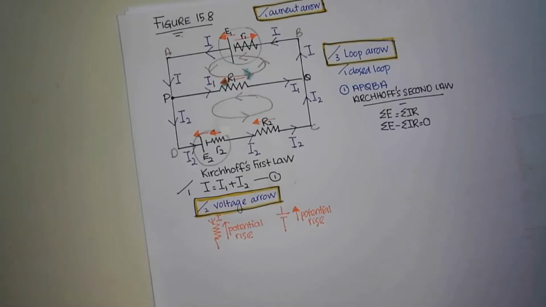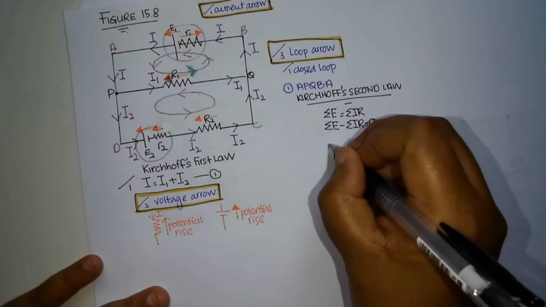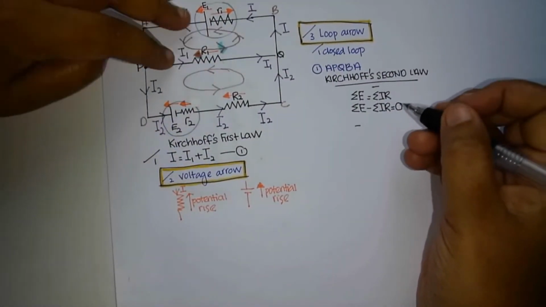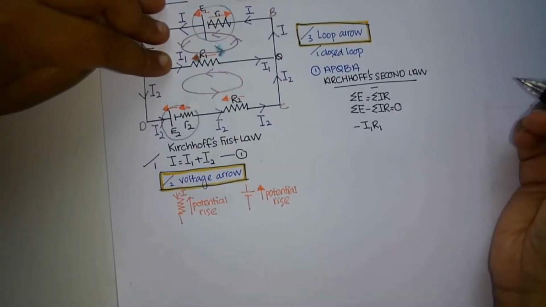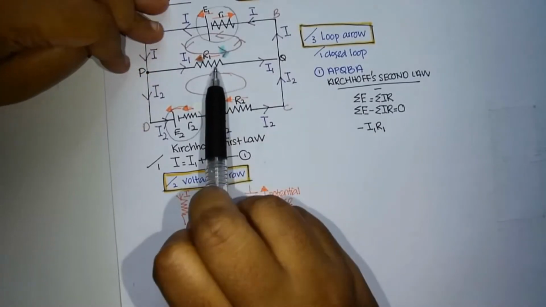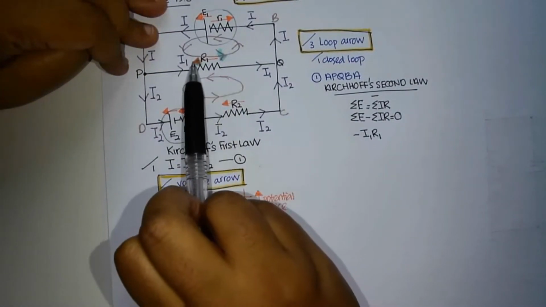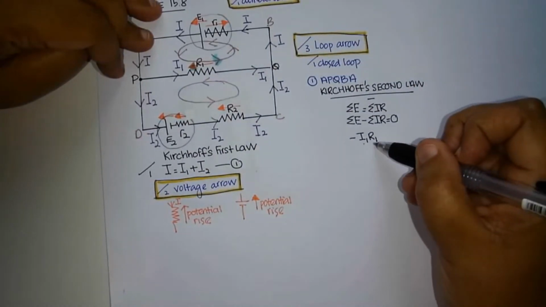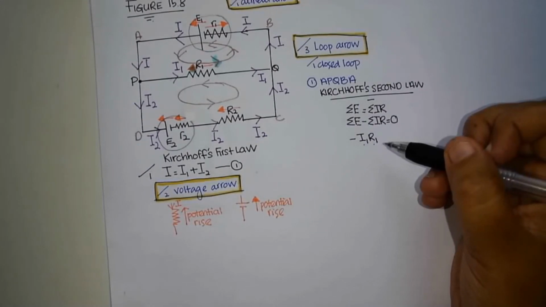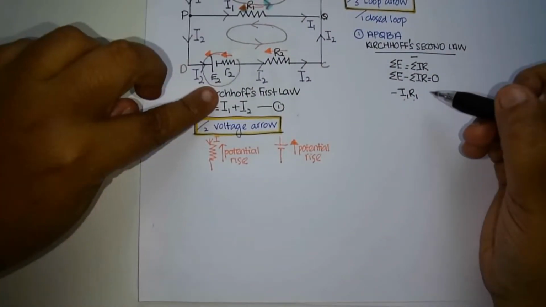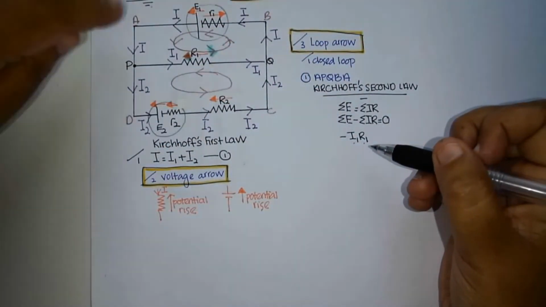So when the loop arrow is opposite to the voltage arrow, it will be negative voltage here, which is I1 R1. Opposite, because the positive potential is this side, but the loop arrow is going the opposite side. So it will be minus I1 R1. We don't bother about the current arrow anymore. The current arrow is only for the first law and also to get the voltage arrow. Now we only look at the loop arrow and the voltage arrow.